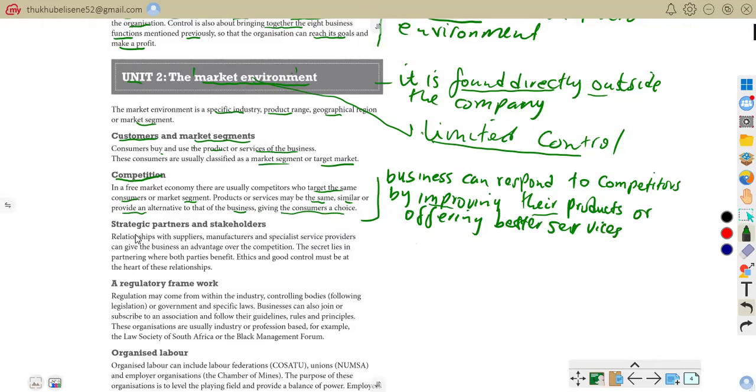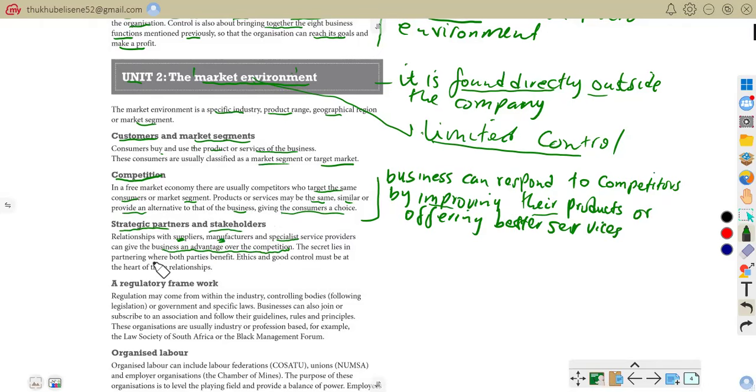Now moving on to another aspect in the market environment: strategic partners and stakeholders. Relationships with suppliers, manufacturers, and special service providers can give the business an advantage over the competition. So if we have a good and healthy relationship with other stakeholders, that can give you a good advantage.